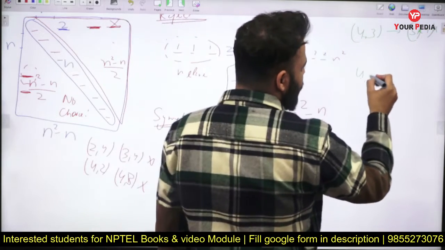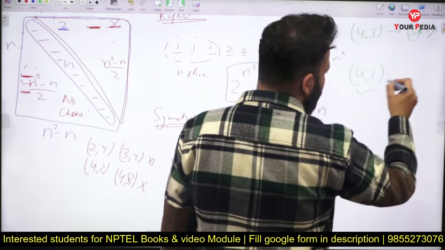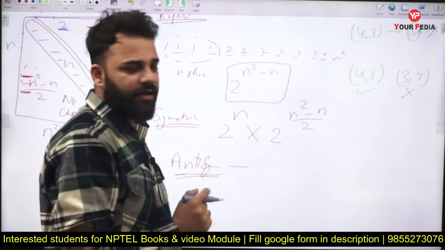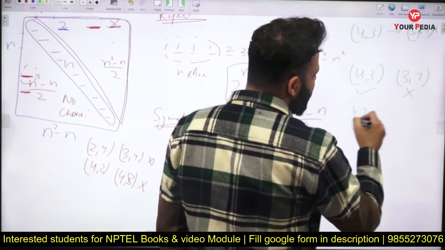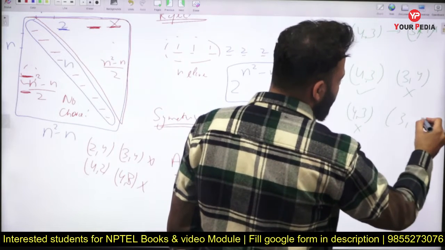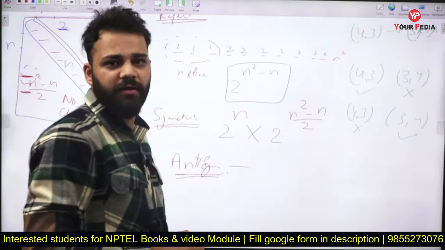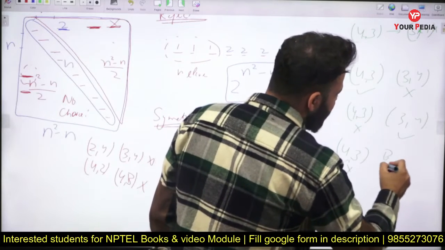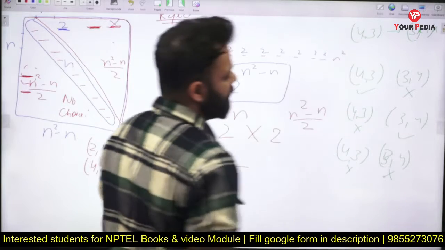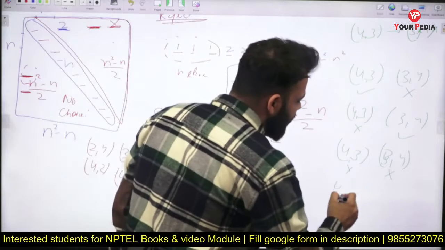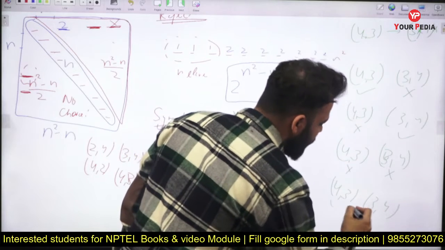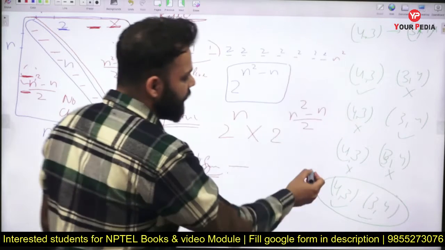First of all, (4, 3) is there, but (3, 4) is not there, then it will be antisymmetric. (4, 3) is not there and (3, 4) is there, again it will be antisymmetric. And the third case is (4, 3) is not there and (3, 4) is also not there. The only case that will not be present in antisymmetric will be when both (4, 3) and (3, 4) are present. This case will not be present.